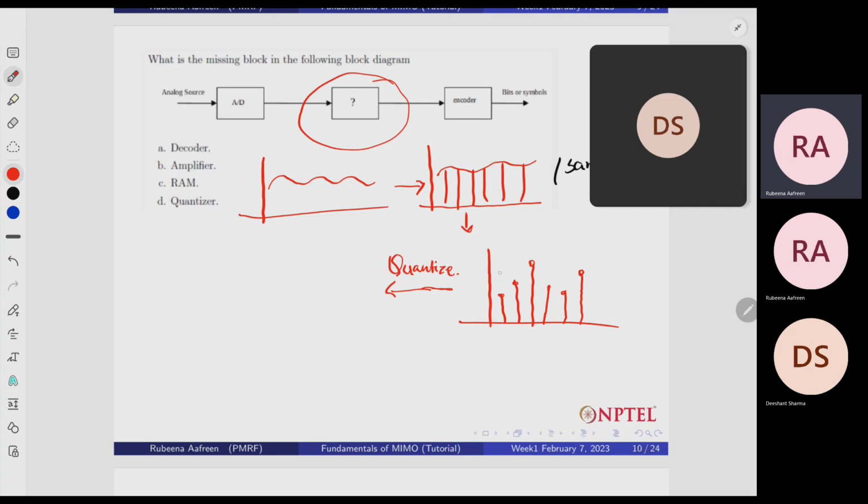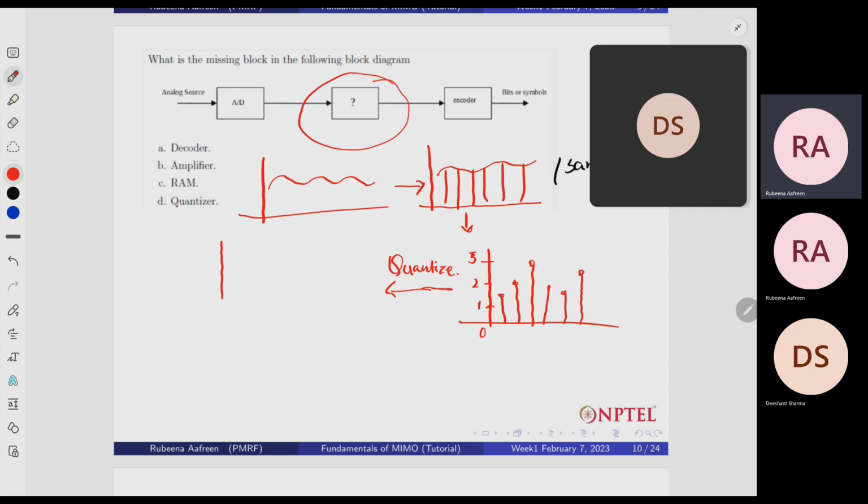Suppose I am taking this as 0, this is 1, this is 2, and this is 3. Now suppose if the symbol value is in between 1 to 2, then we have to assign it as 1. If it is greater than 2, we have to assign it as 2. If it is greater than 3, we have to assign it as 3.